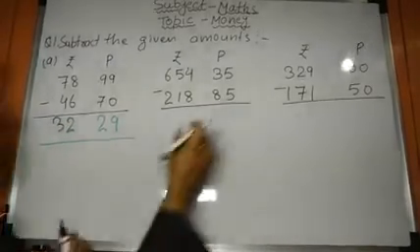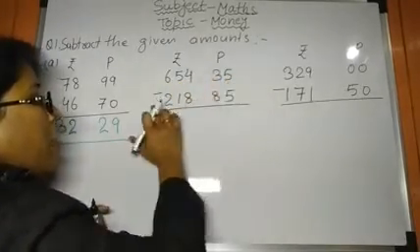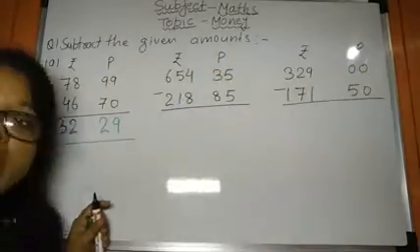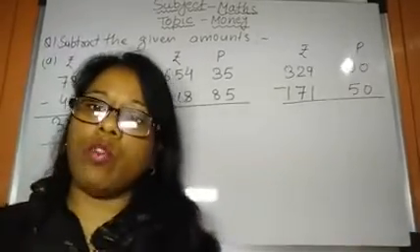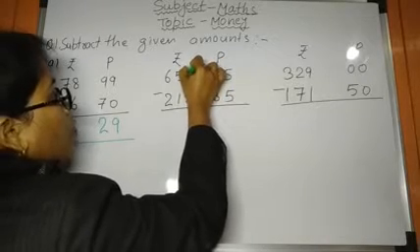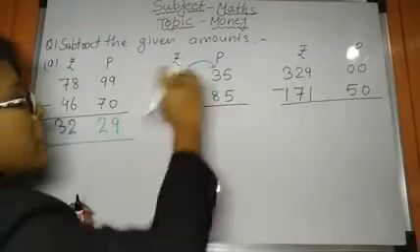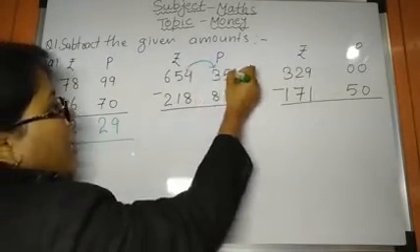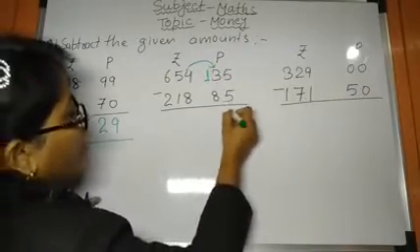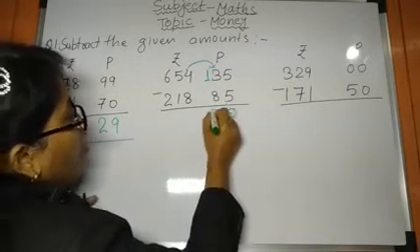Now come to the second part. Here 654 rupees 35 paise minus 218 rupees 85 paise. Here 35 paise is less than 85 paise. So what should we do? We will borrow 1 rupee from here and give it to this paise. So 1 rupee, that is 100, plus 35 is 135. Now we subtract: 5 minus 5, 0. 13 minus 8, that is 5.